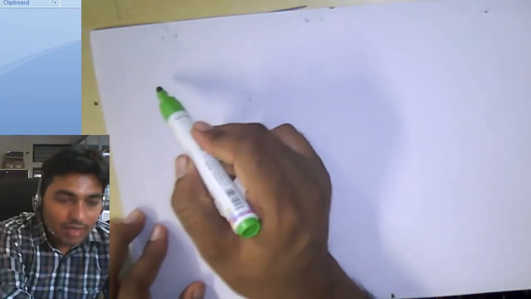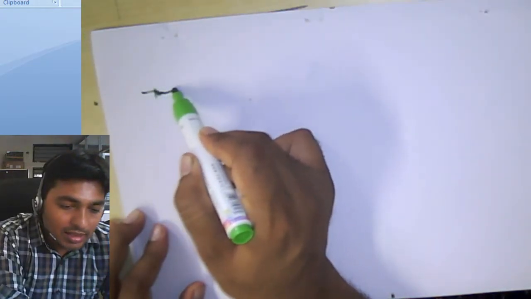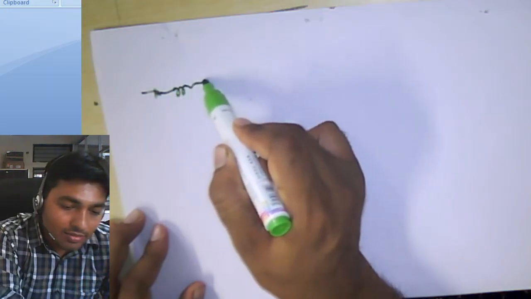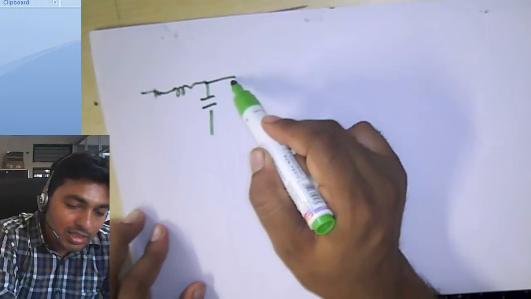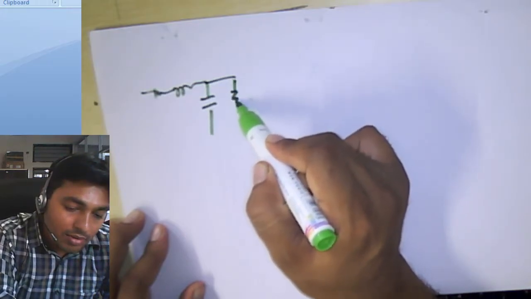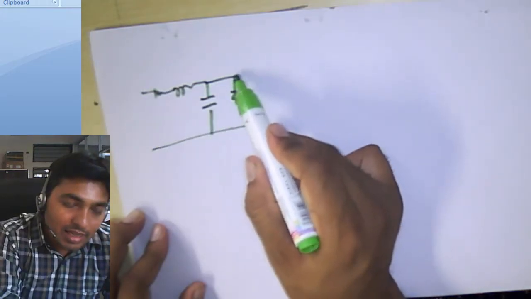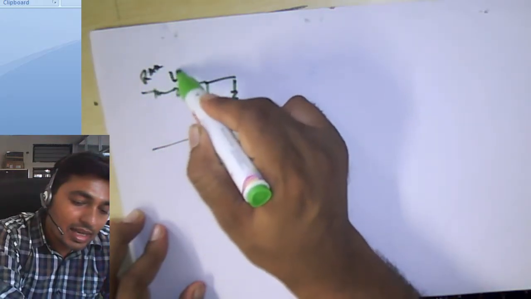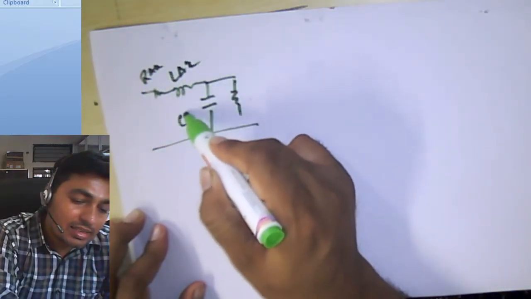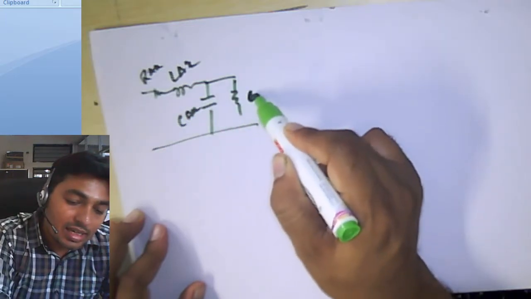Now, when we saw the model of a transmission line, we defined some distributed parameters. We took a very small length of a transmission line, delta x, and defined the elements R delta x, L delta x, C delta x and G delta x.